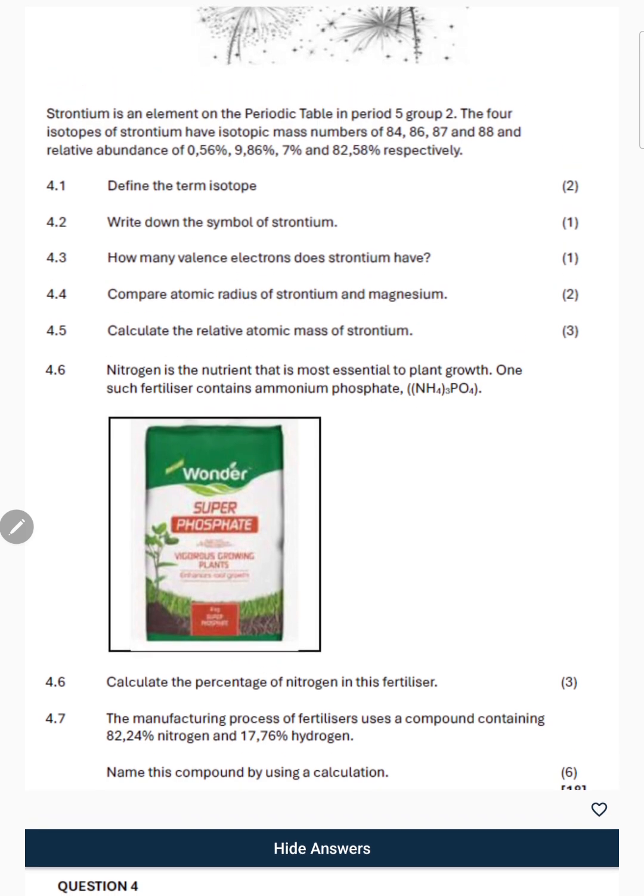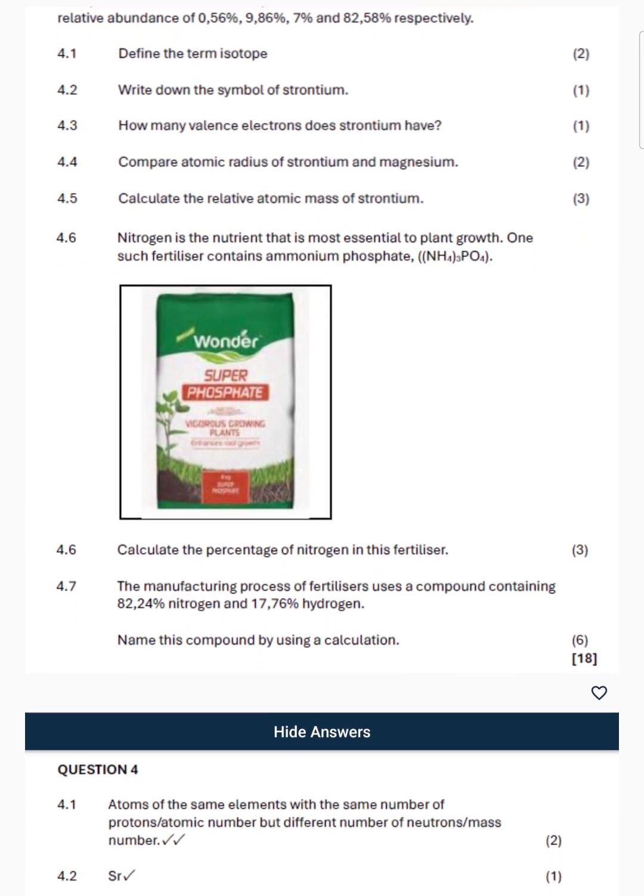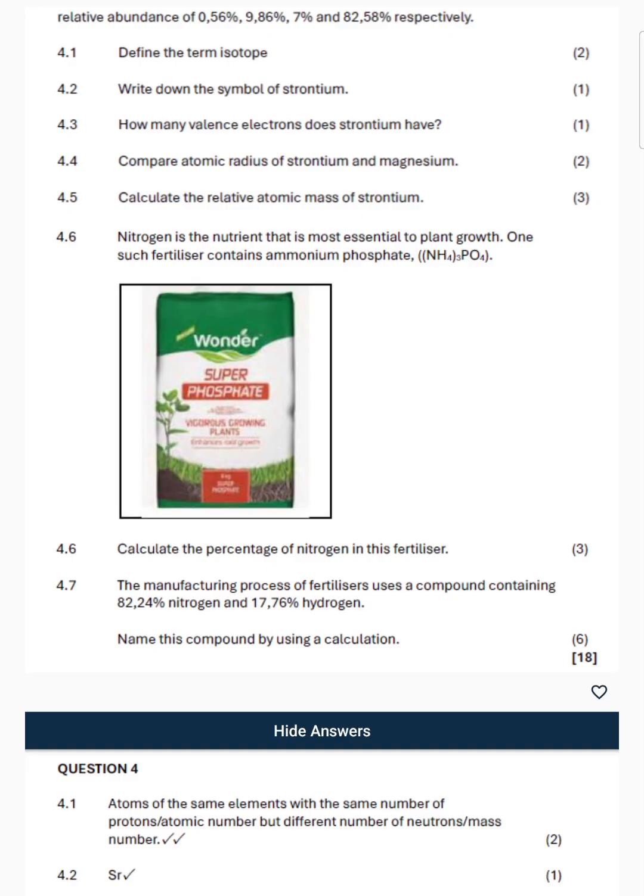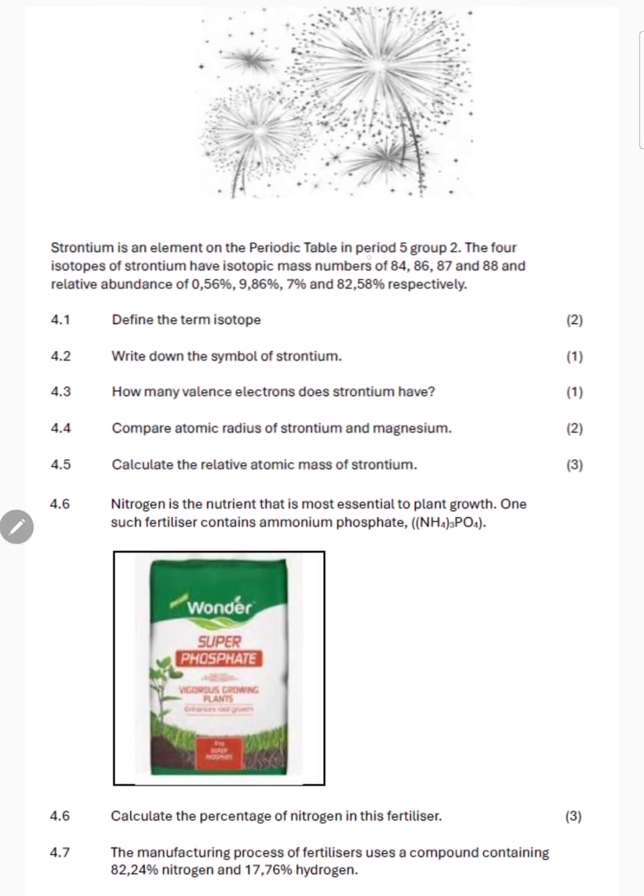Write down the symbol of strontium. The symbol must be Sr. You look at period 5, group 2.